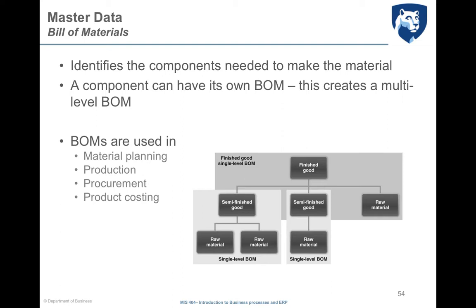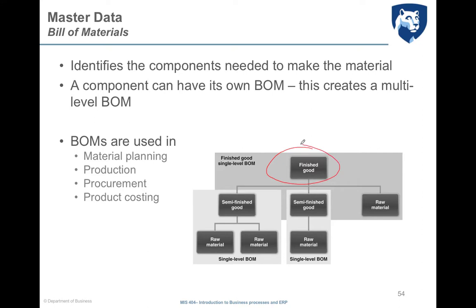A bill of material in SAP ERP is defined as single level by definition, but through SAP ERP we can also construct multi-level bills of materials by nesting several single-level bills of material. Here you see an example.